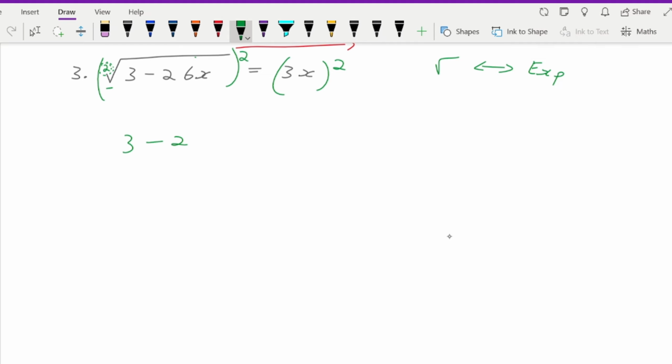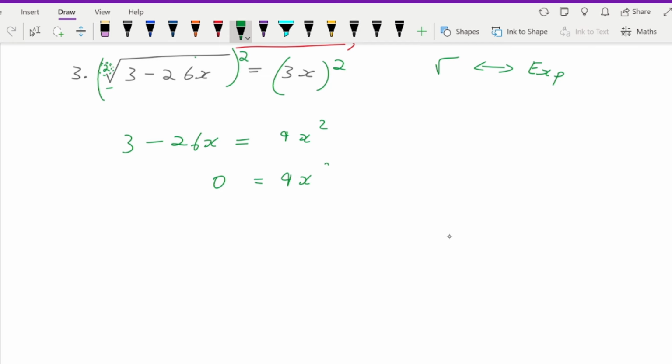So we are left with 3 minus 26x equals, okay, let me quickly double check this. 3x squared is the same thing as 3 squared is 9, then x squared. So move everything to the right hand side.